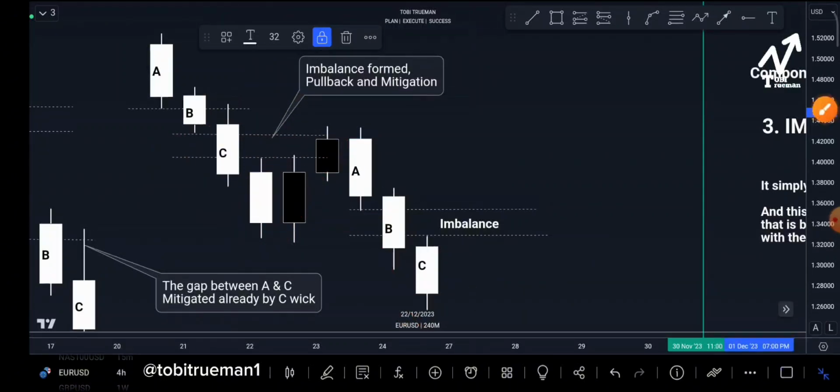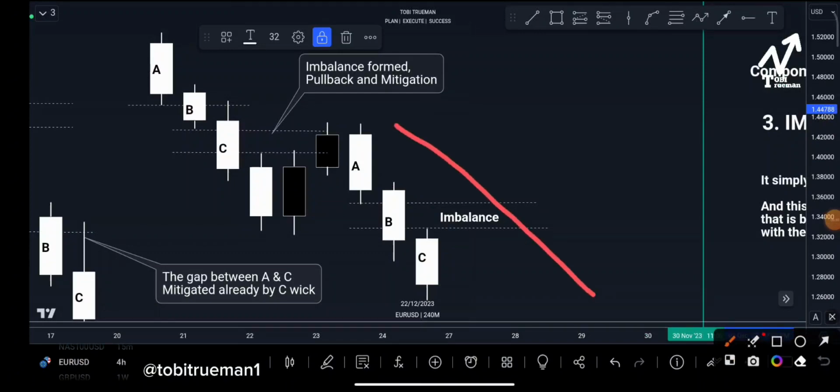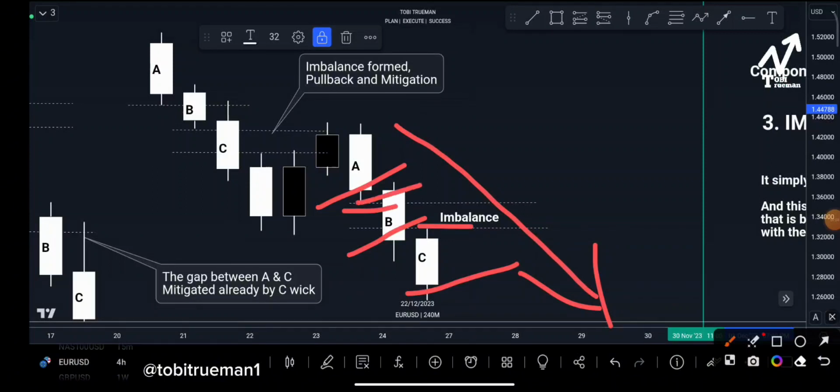Okay. Also, same thing applies when price is making the impulsive move downward. You see this candle A, candle B, and candle C. See the wick of candle C and the wick of candle A. Let me start there.